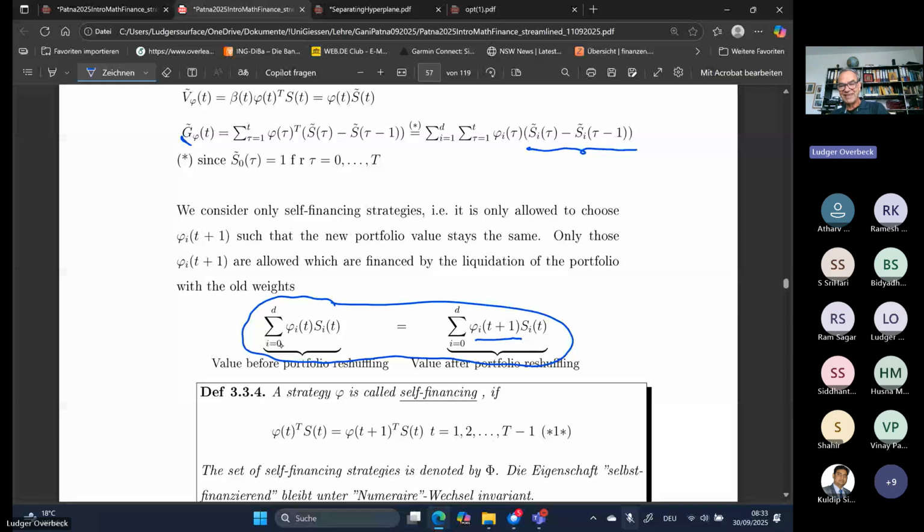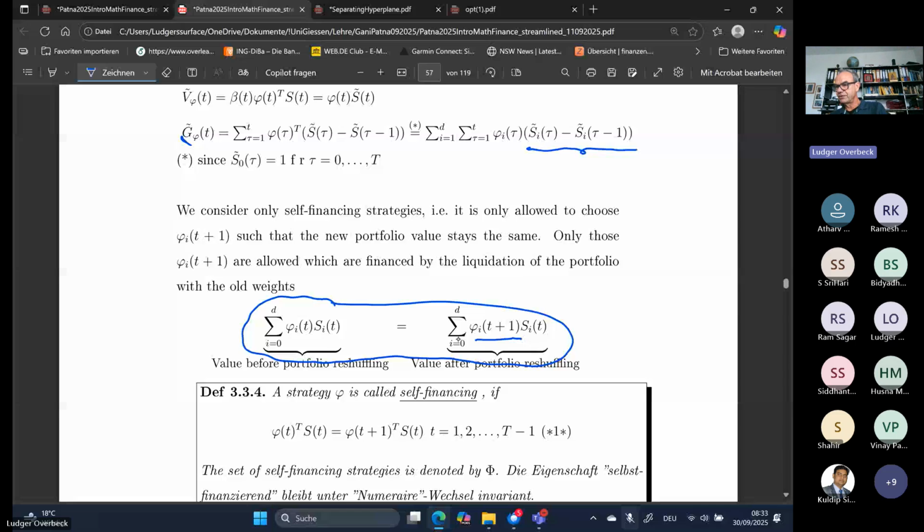In this case, the value process is nothing else but the gain process plus the initial investment. That's clear. You have an initial investment, which you have to get from somewhere, and then in the other periods, you just reshuffle. That's the self-financing condition.